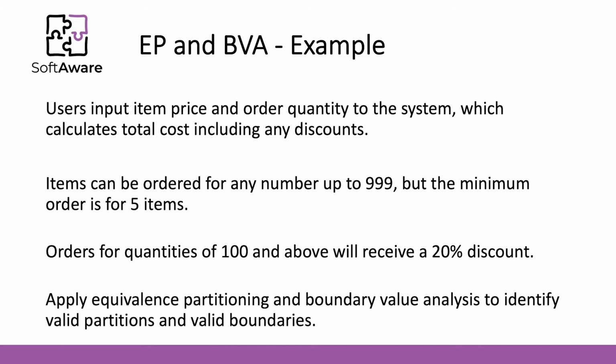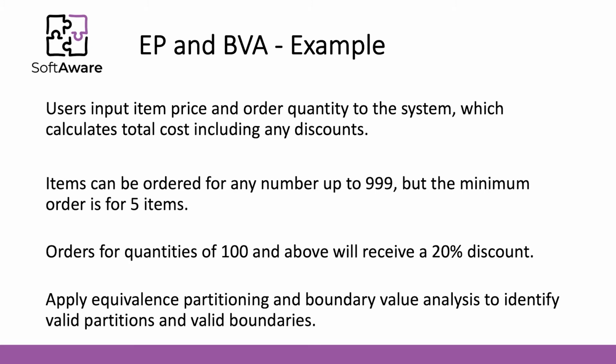From 5 to 100, we are expecting the system to place the order and provide you with the multiplication of the item price by the number that you have chosen for the quantity.